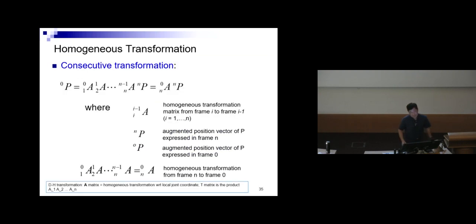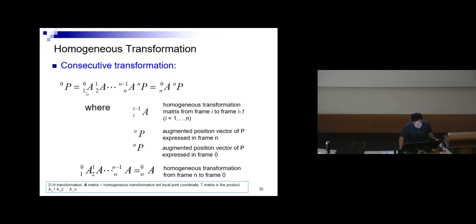With that, you can express it as 0P equals 0A1, 1A2, up to n-1An, times nP. You can visualize it as canceling off the n with n, 1 with 1, and so on. At the end, you will end up with 0P.